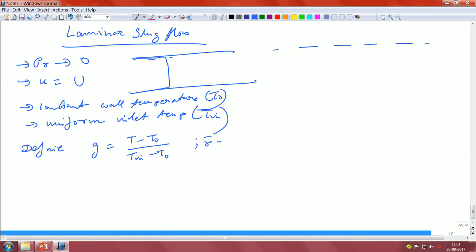Again a similar type of definition, R bar is equal to R by R naught, and again X bar is X by D divided by Re_D into Pr, right. So we are still in that developing region, but the flow here shows a very interesting characteristic, that means it is a constant flow now, okay. Again I said it is physically not possible, this is just for assumption purposes.